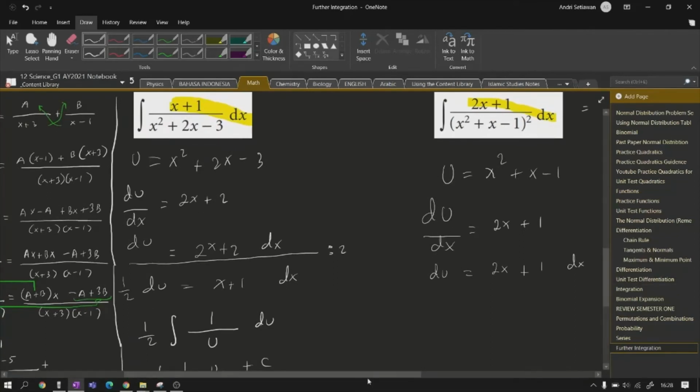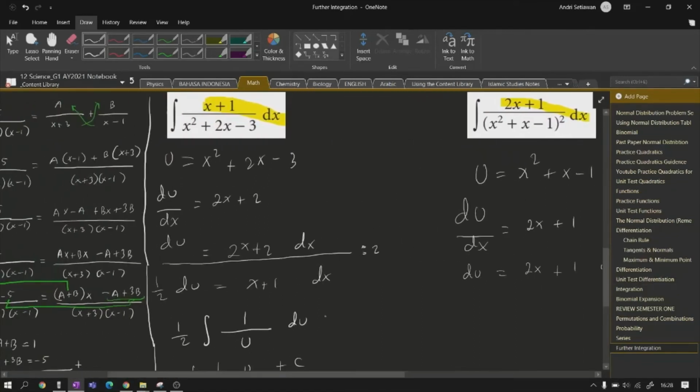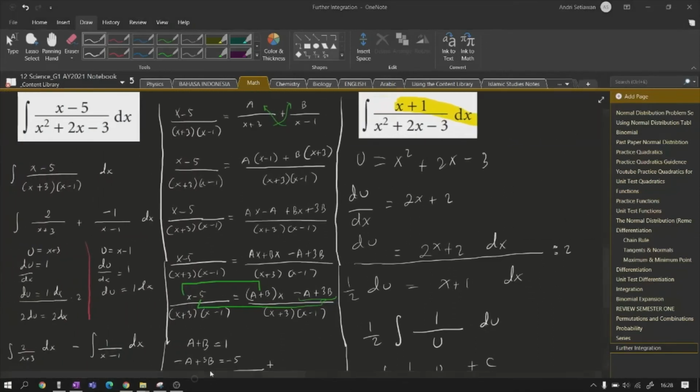After you find the first derivative, if the first derivative is not equal to the other term, you use the partial fractions technique.